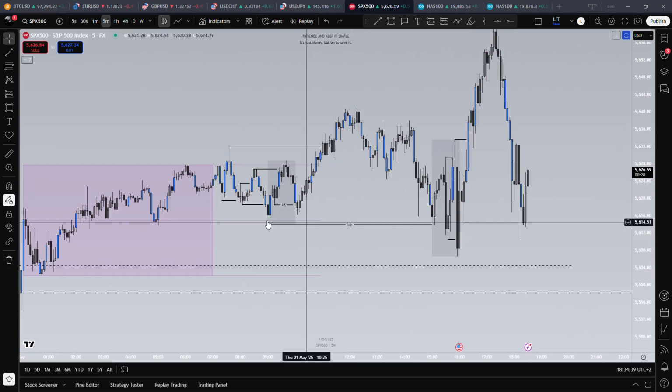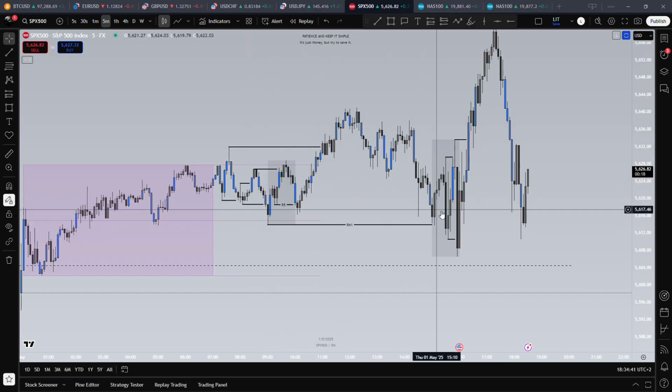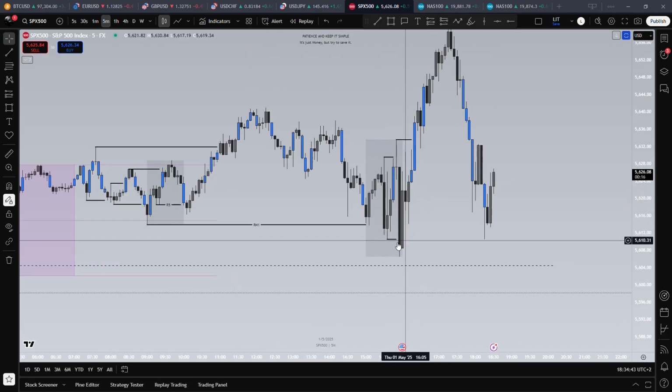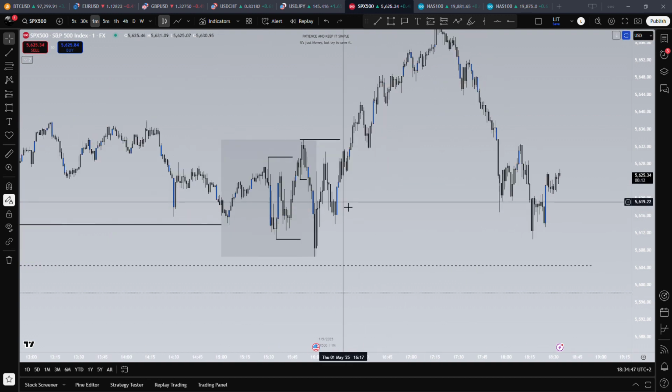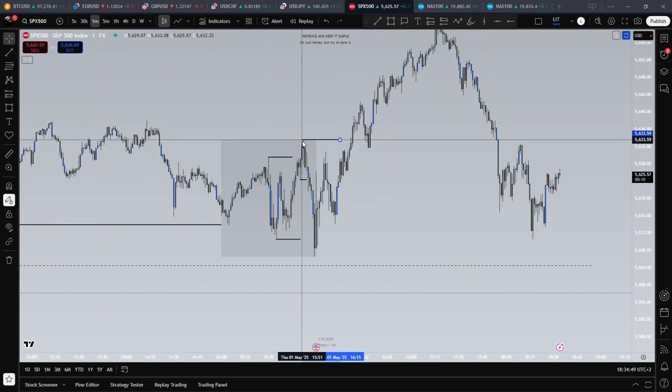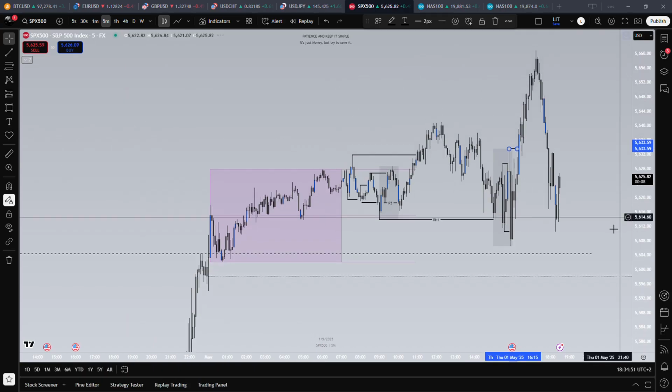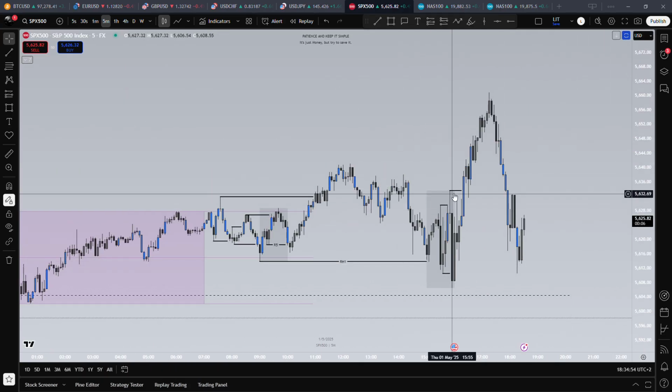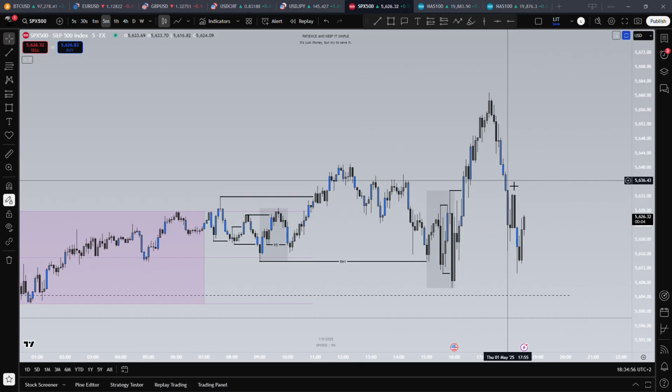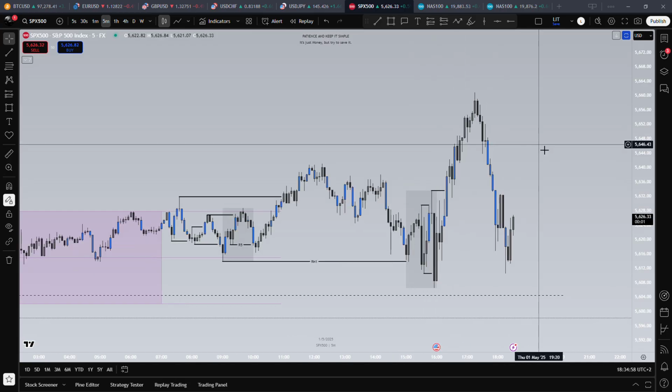So nothing we could trade, and it went up, and then we took the round liquidity on H1 that took this high. Here we had a lot of volatility. I nearly opened a trade here with this candle, but didn't do it because it wasn't my entry confirmation with M5 break of structure.